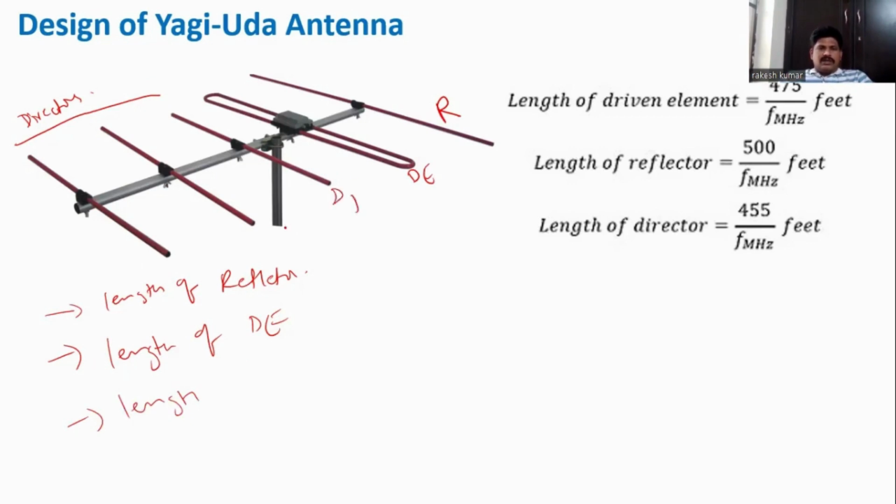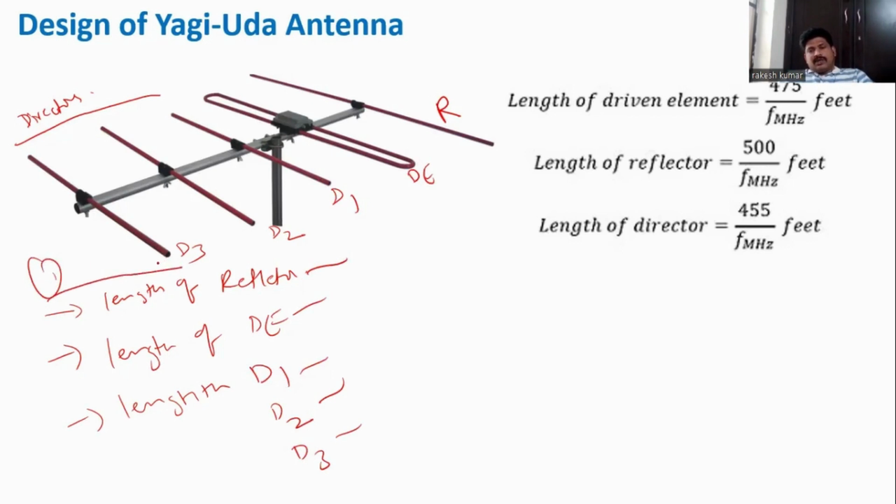This is director D1, this is director D2, this is director D3. And again, you want to calculate the length of director D1, director D2, and director D3. These are all the things you want to keep in mind: not only one parameter, but the length of all the elements present in the Yagi diagram.